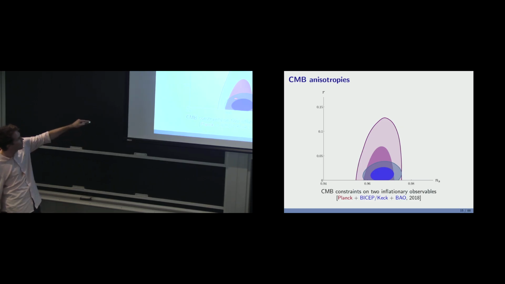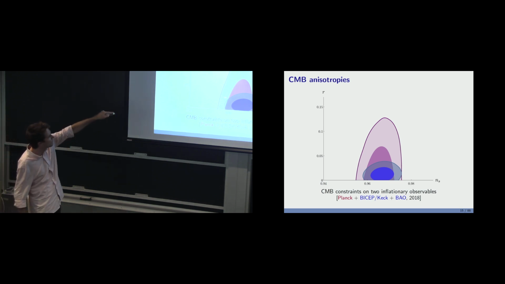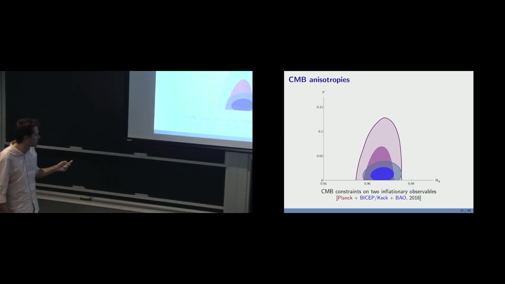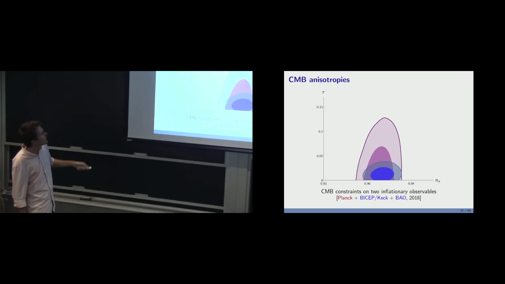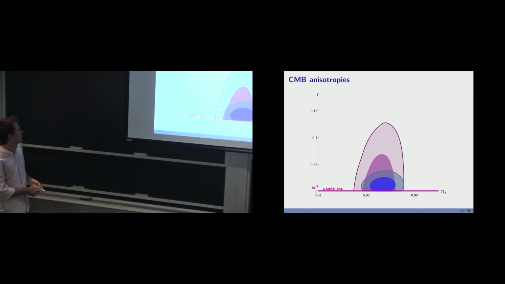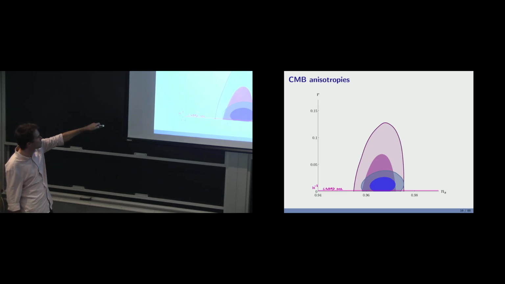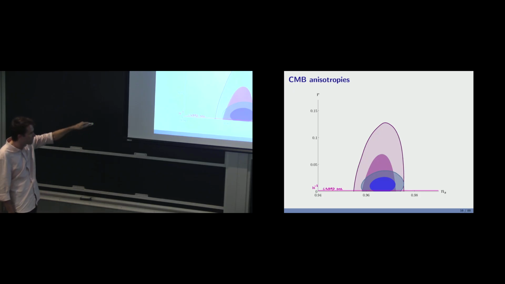And we know roughly that r is bounded, so these are some constraints that we get from CMB measurements. And r is bounded by roughly 0.036. So this is going to be measured better in the future. This Japanese experiment should measure it to a level of 10 to the minus 3, so it will be further constrained.